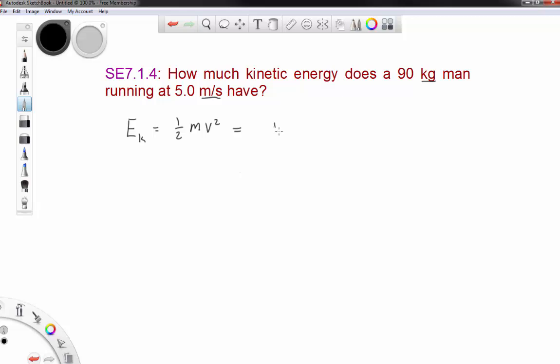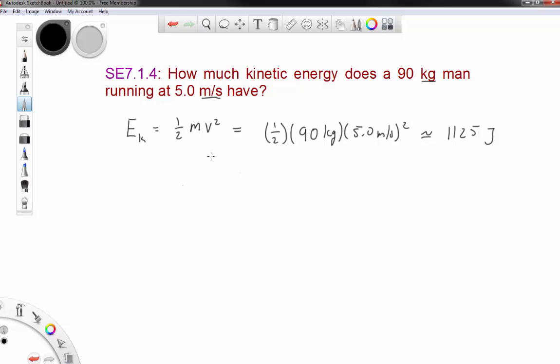So this one is therefore going to be a pretty straightforward problem. We basically go 1/2 times 90 kilograms times 5.0 meters per second. We have to square that 5.0. So that means that the total energy is 1,125 joules.